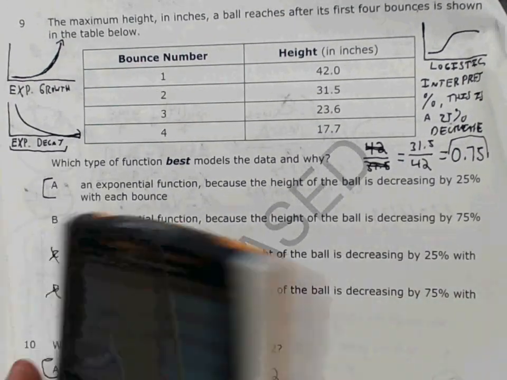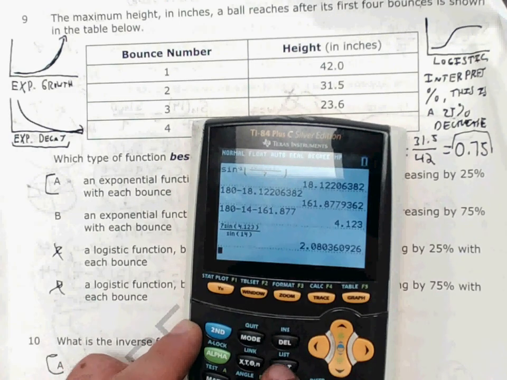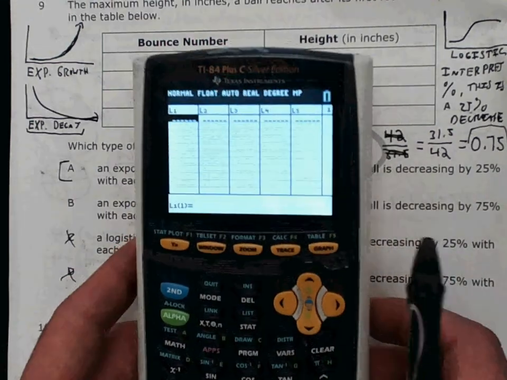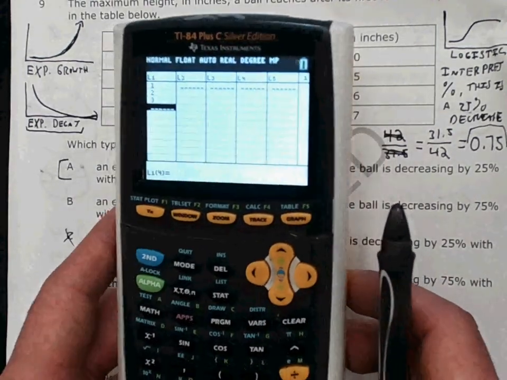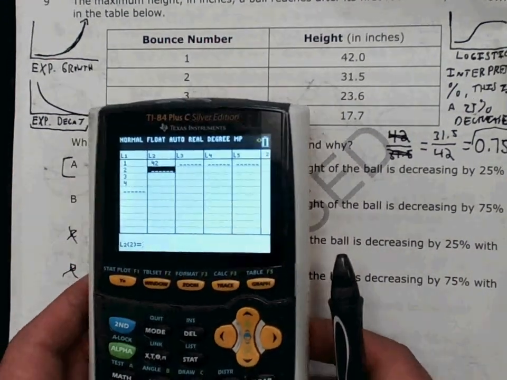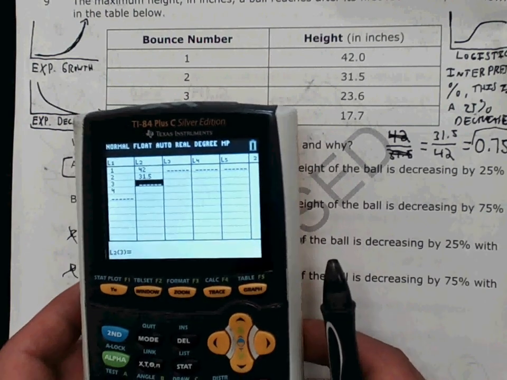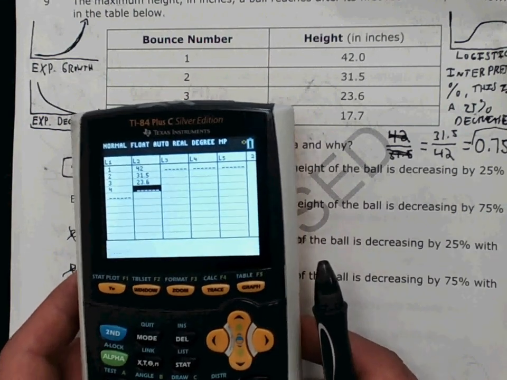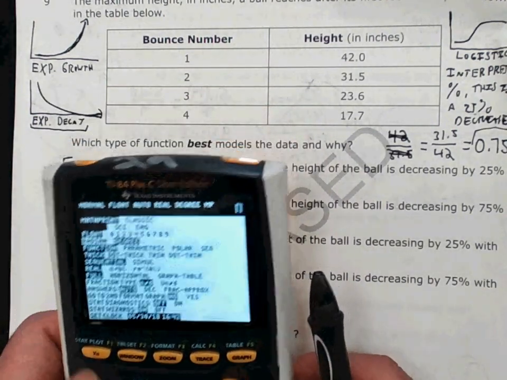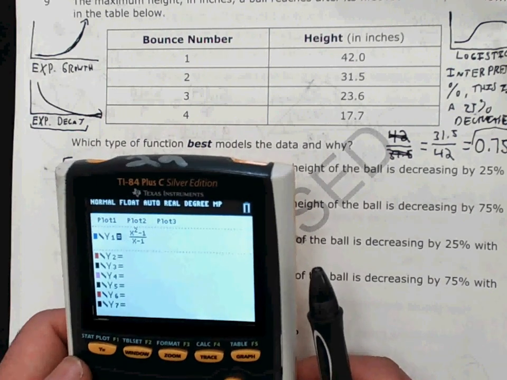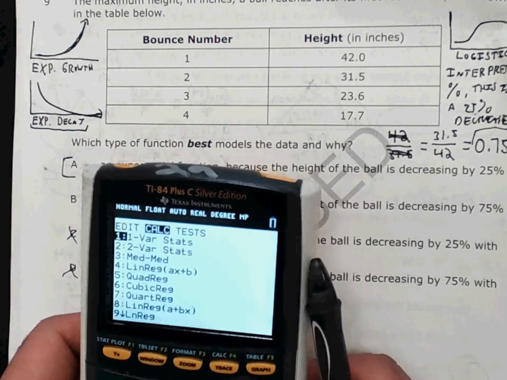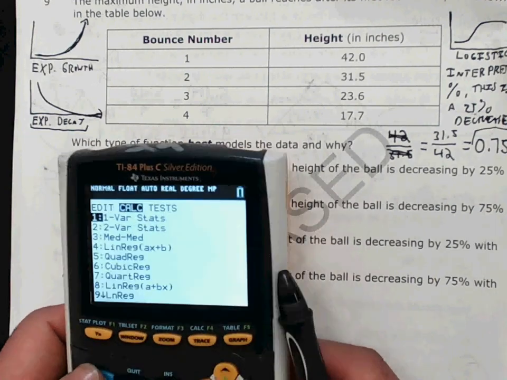Now, the kosher way to do this is to go to stat, edit our tables, do 1, enter 2, enter 3, enter 4, enter, 42, enter 31.5, enter 23.6, enter 17.7, enter. Then stat, calc.